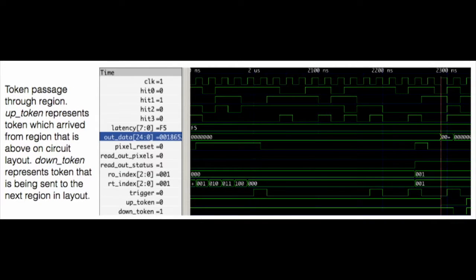Once the token arrives to the region, it checks whether there is any ready to read out mark or not. If yes, then the region sends stored data to the column bus and passes the token to the next level. If not, then the token passes to the next region where the process takes place again.